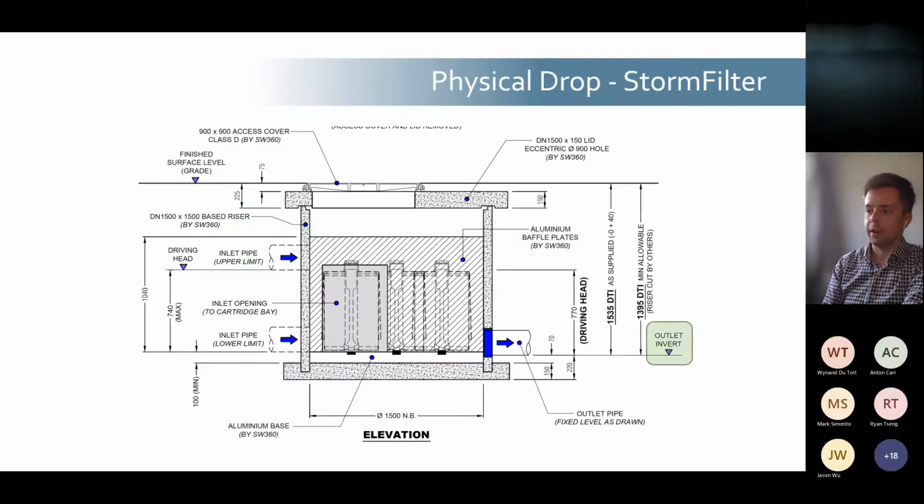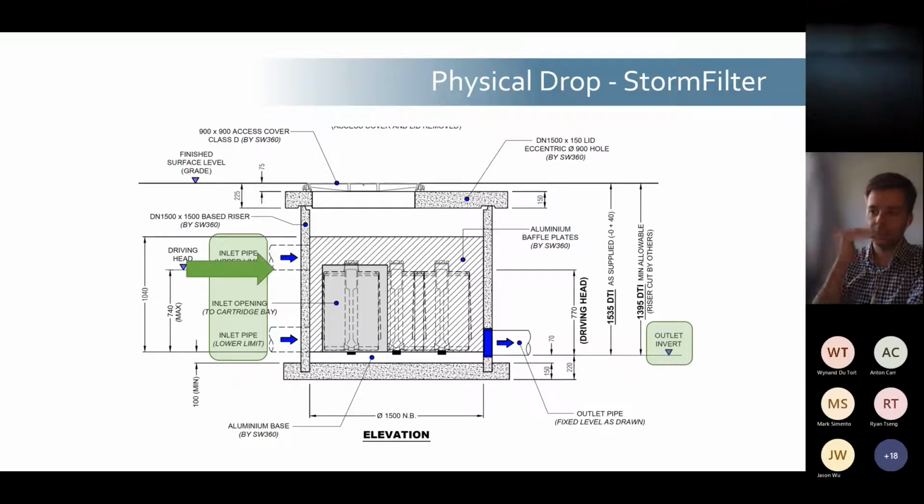Storm filter, you have the outlet invert, and the great advantage with the storm filter is there is very minimal depth below outlet invert. So you're not having to dig a larger hole for a sump that sits below the treatment chamber. Now with the inlet invert, there is a range.